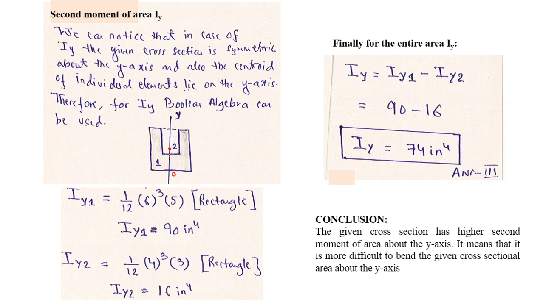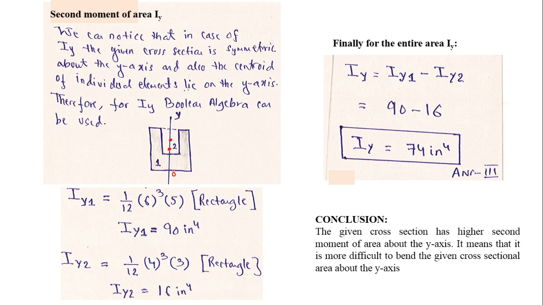I can notice that since this rectangle is also symmetric about the y-axis, its centroid is going to lie on the y-axis. In this way you can see that both the centroids are lying on the y-axis, and there are actually no moment arms.